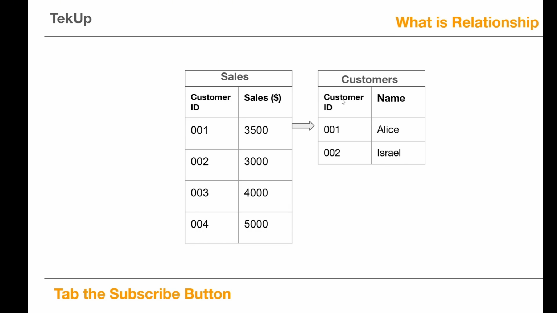Good. You must have gotten it correctly. What is common between these two tables is the customer ID. Now, when you see this arrow here, you will see that this arrow is connecting this customers table and this sales table.